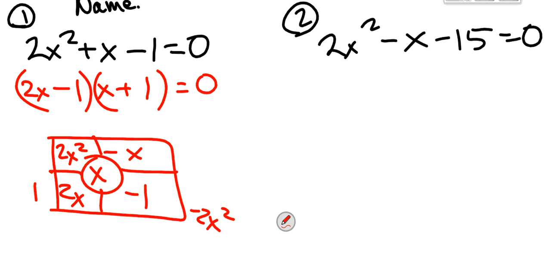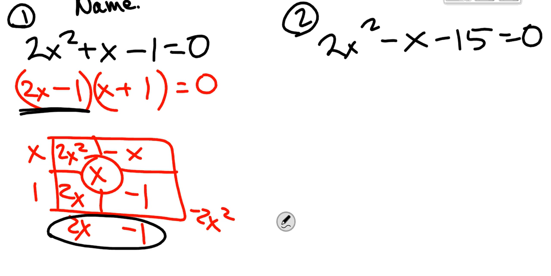And so the x was common, so I've got that. Going vertically on the left, there's a common factor of 2x. Going vertically on the right, there's a common factor of -1. And then am I right that one of my factors is going to be 2x minus 1, and the other factor is going to be x plus 1. So that's another way to do that.